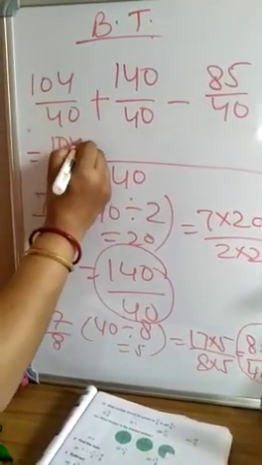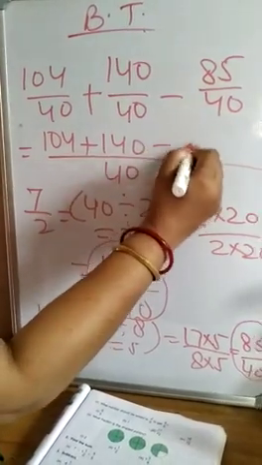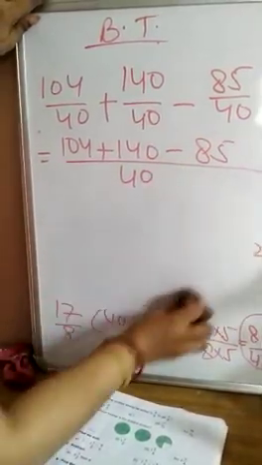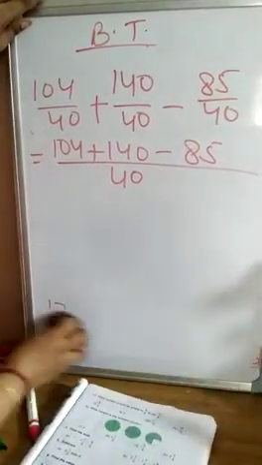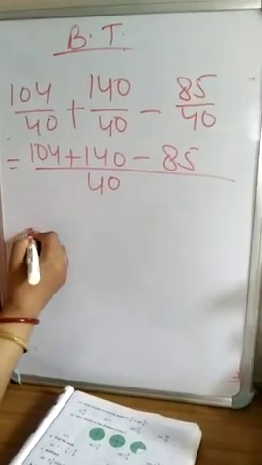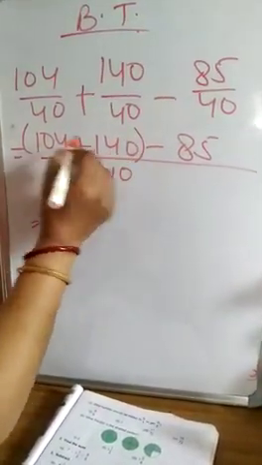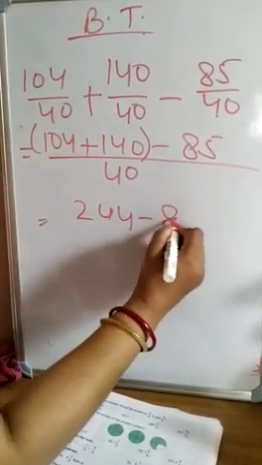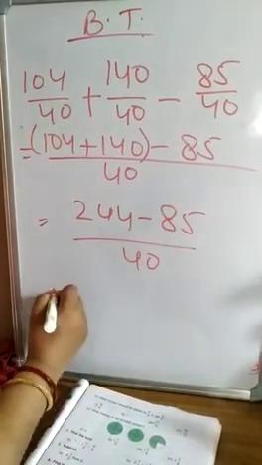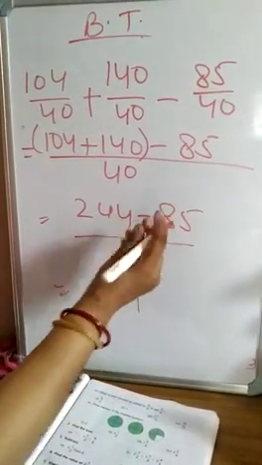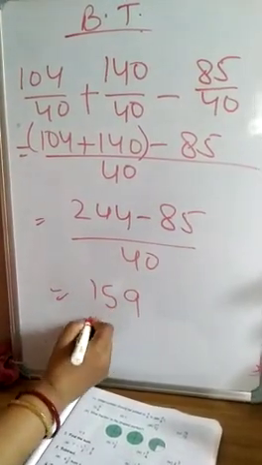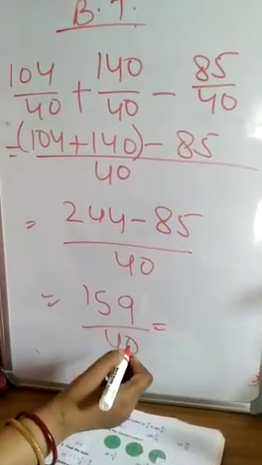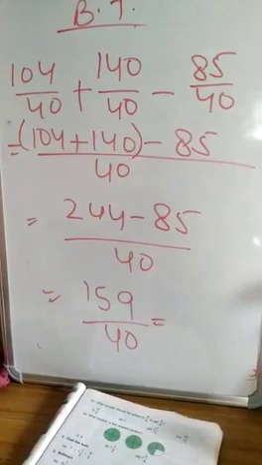Now 104 plus 140 minus 85. Now you will have to solve this. What we get, this addition, 244 minus 85 by 40. So subtract it, 159 by 40. Now we convert it into a mixed number, then this will be the answer. In this way you have to do it.